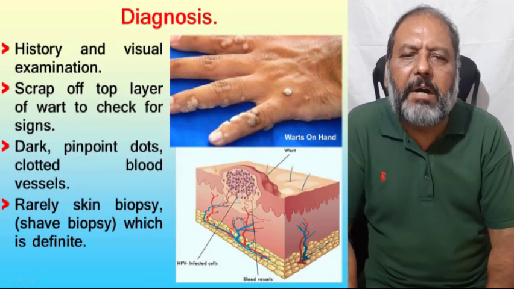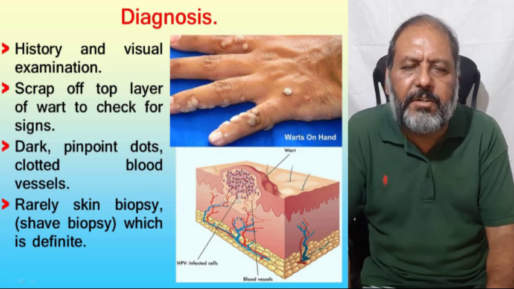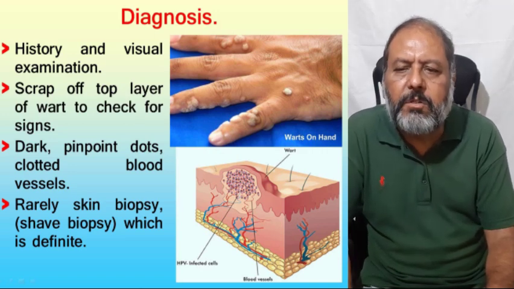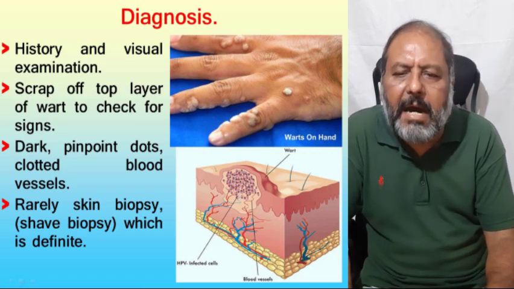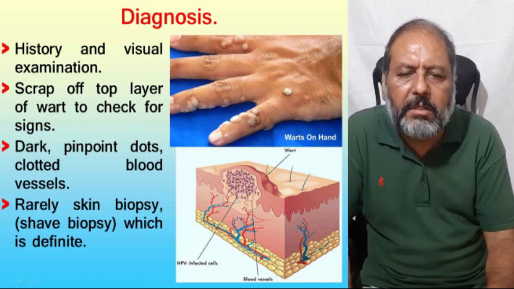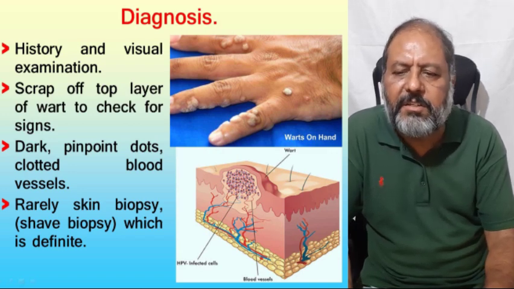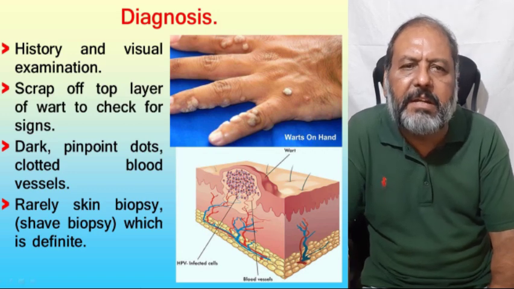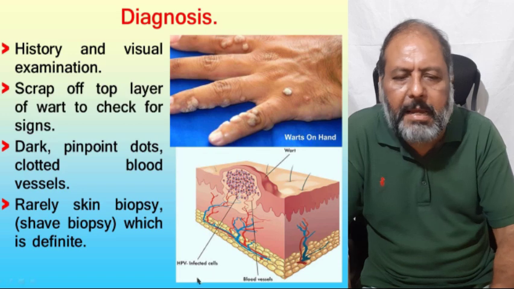Now, coming to the warts, the diagnosis of the wart: history and visual examination will help. Scrape off the top layer of the wart to check for the signs of anything else. Dark pinpoint dots, clotted blood vessels will be seen, and rarely the skin biopsy or the shave biopsy, which is a definite diagnosis, will tell the diagnosis.